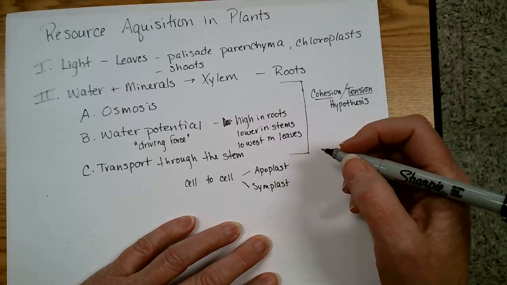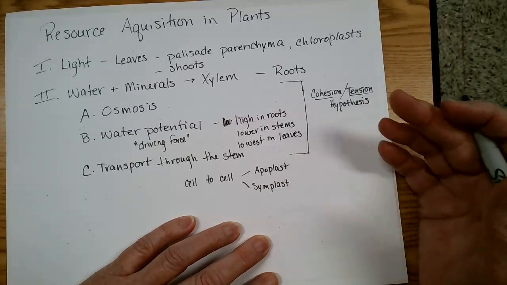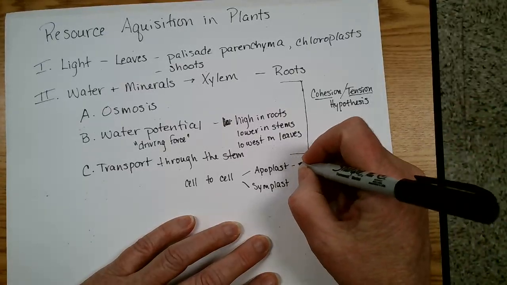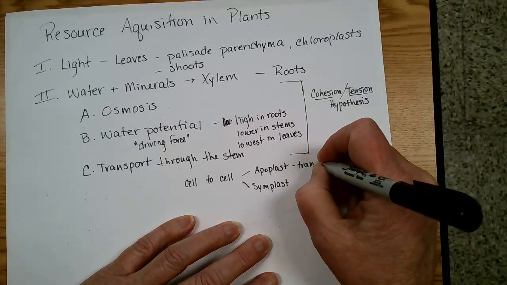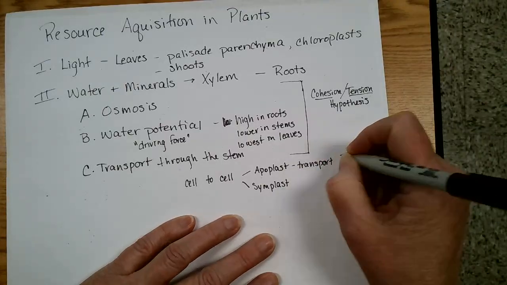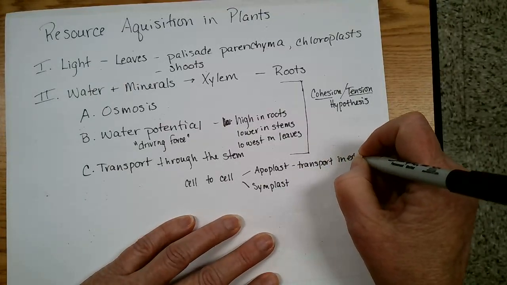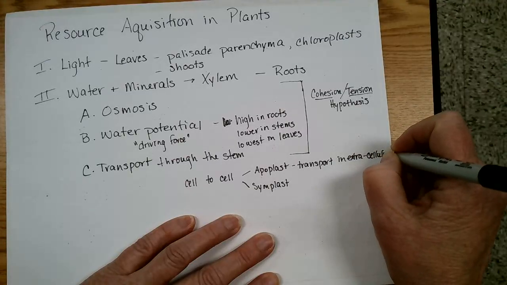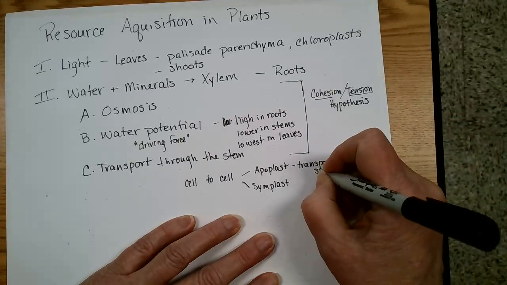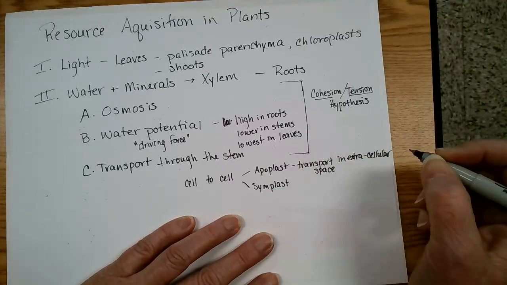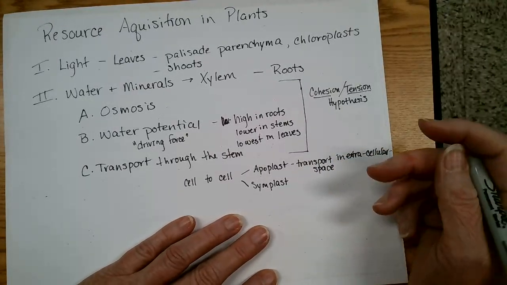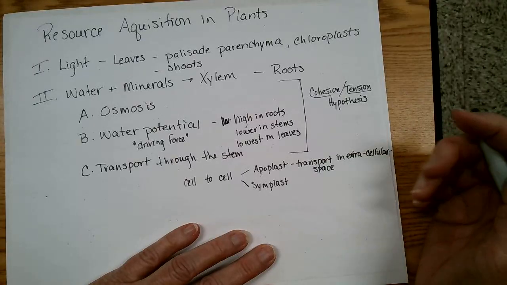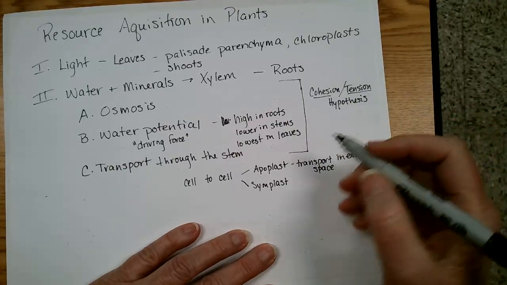That's the transport that we see in the extracellular matrix area, the extracellular space. So from cell to cell, but staying outside of the cells. That happens a little bit too, through that cohesion tension hypothesis.